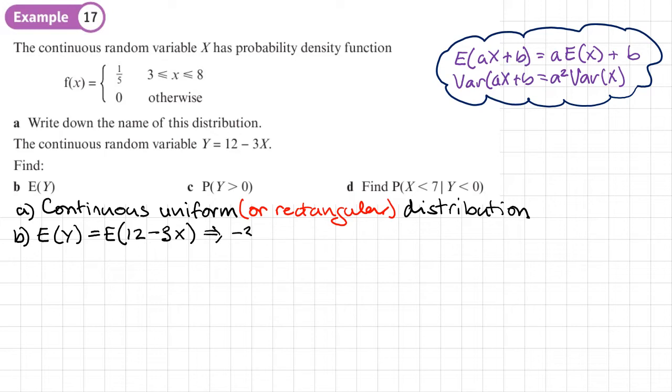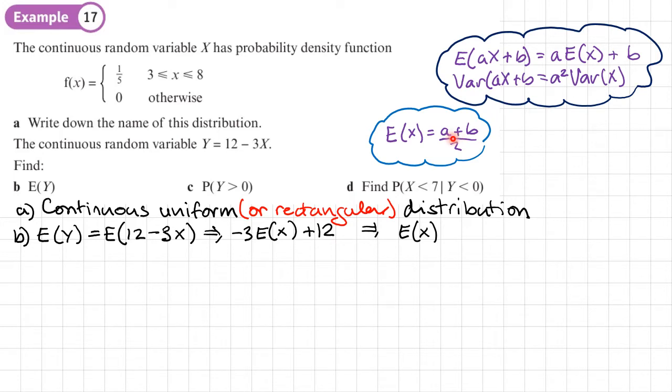That's equal to negative 3 times the mean of x, so negative 3 E of x plus 12. That does mean we need to work out what E of x is. What we said right at the start is that E of x is (a plus b) over 2, so 8 plus 3 over 2, which is 11 over 2, or 5.5.